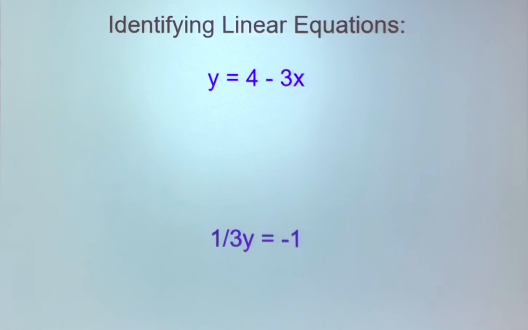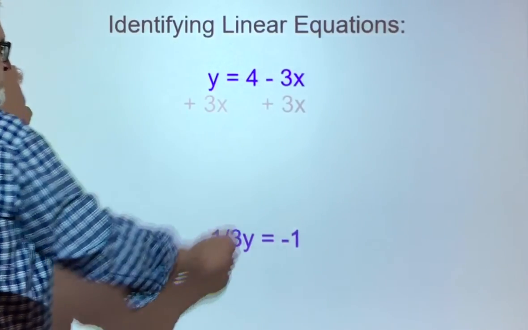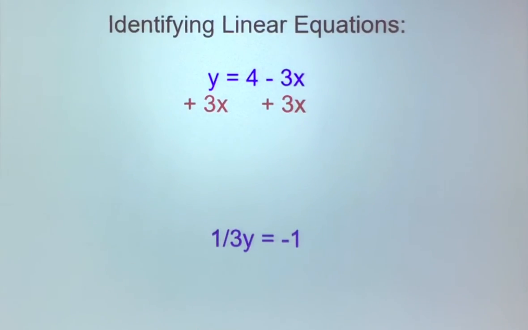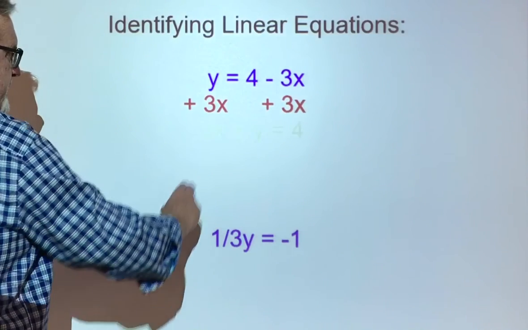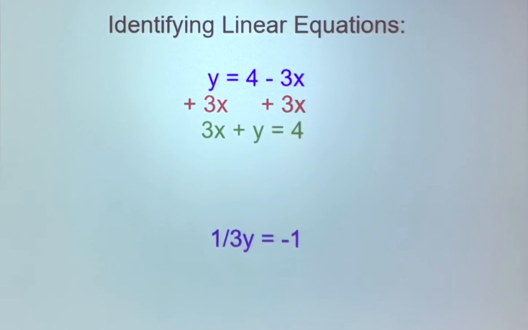Well, we can do so with inverse operations. So we're going to add 3x to both sides. When we do that, on the left-hand side, we'll have 3x plus y. And on the right-hand side, all that will be left is 4. So we have 3x plus y is equal to 4.